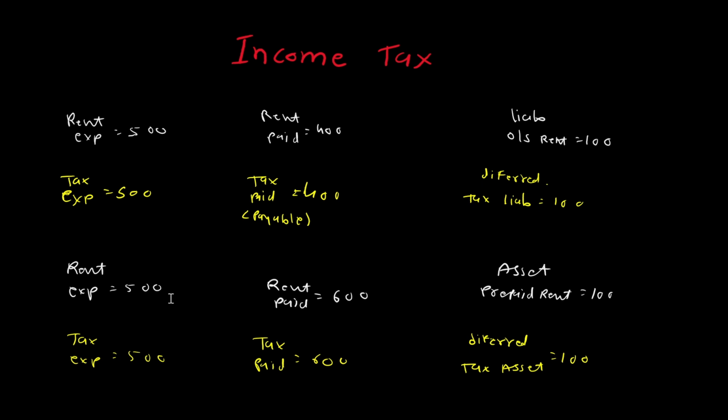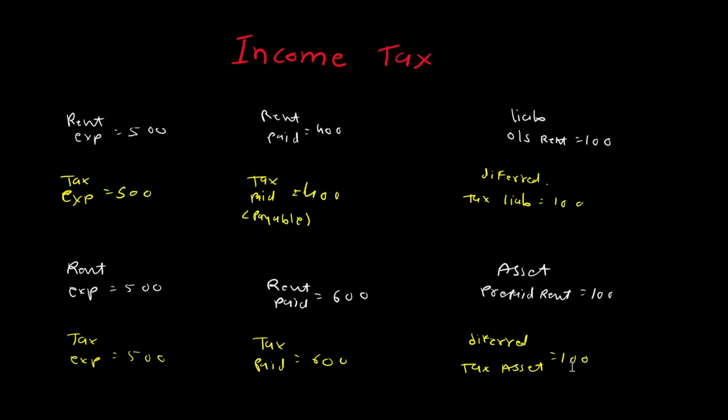And if I have a rent expense of 500 but I paid 600, I paid extra, so the difference will be my asset, a prepaid rent of 100. Similarly, if my tax expense is 500 and I have paid 600 of tax, then the difference is called a deferred tax asset.